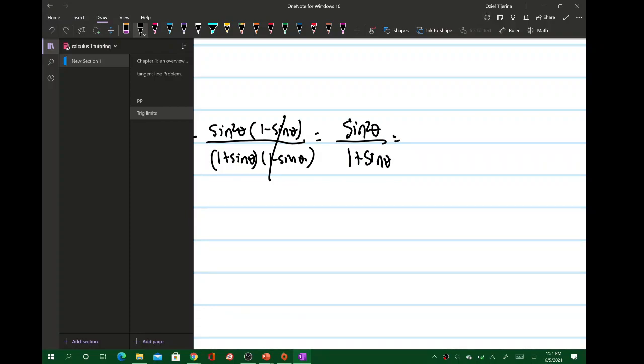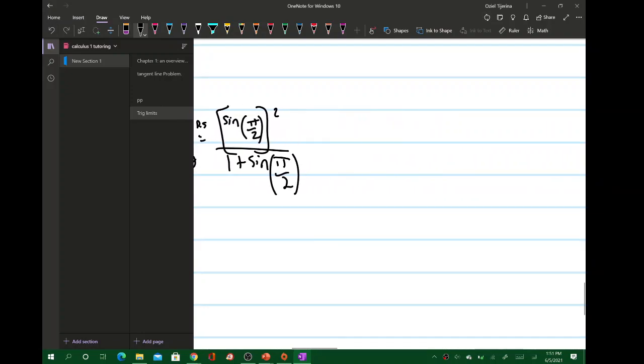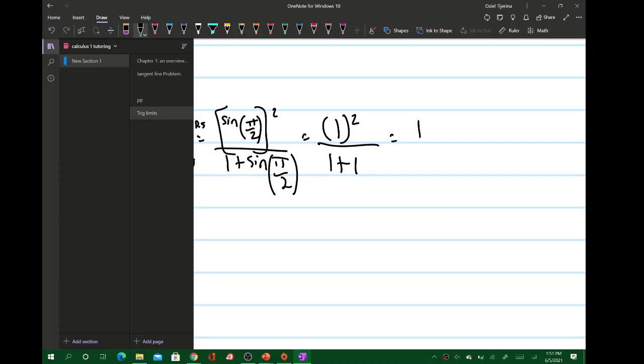And then, by direct substitution, you're going to do sine of pi over 2 quantity squared over 1 plus sine of pi over 2. This is equal to 1 squared over 1 plus 1, so it's 1 over 2.